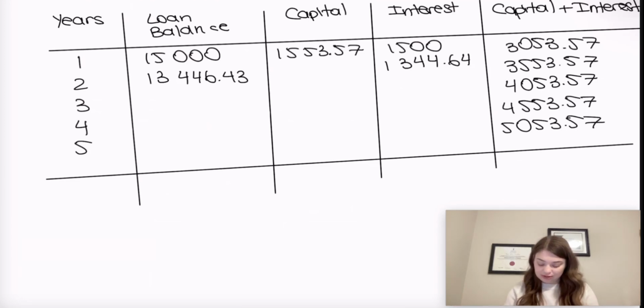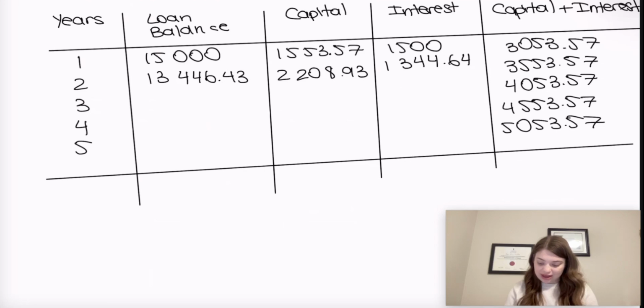So I'm just going to subtract $3,553.57 minus $1,344.64. So that tells us that $2,208.93 can go to capital. That means we now owe that much less on the balance.